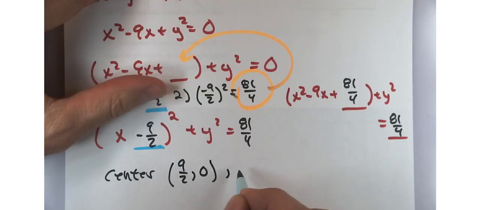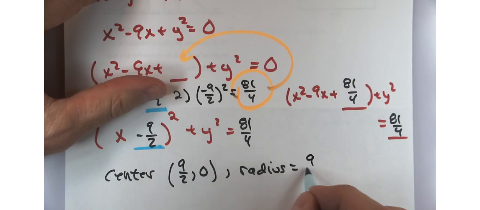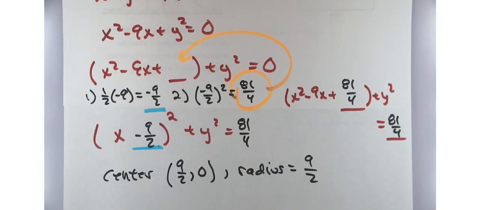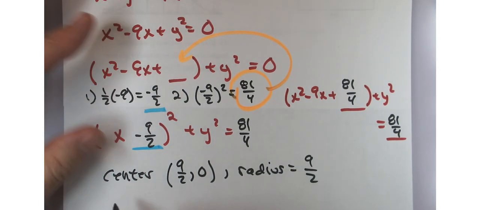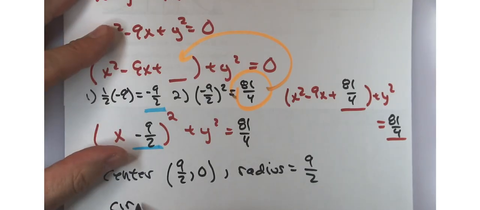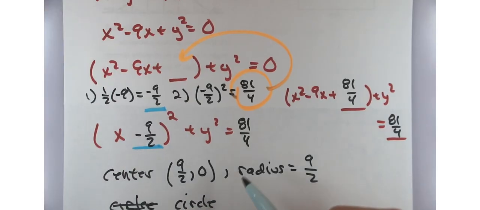And the radius? Yeah, 9/2. Just the square root of the right-hand side. Beautiful. That's what they're looking for. At least WebAssign will be looking for. This is going to be a circle. Circle with radius 9/2, centered at 9/2 and 0.